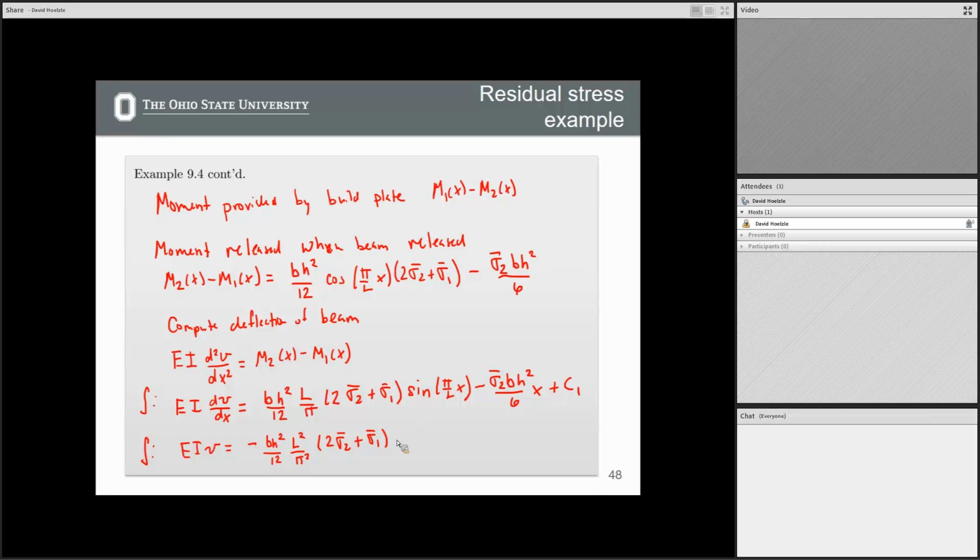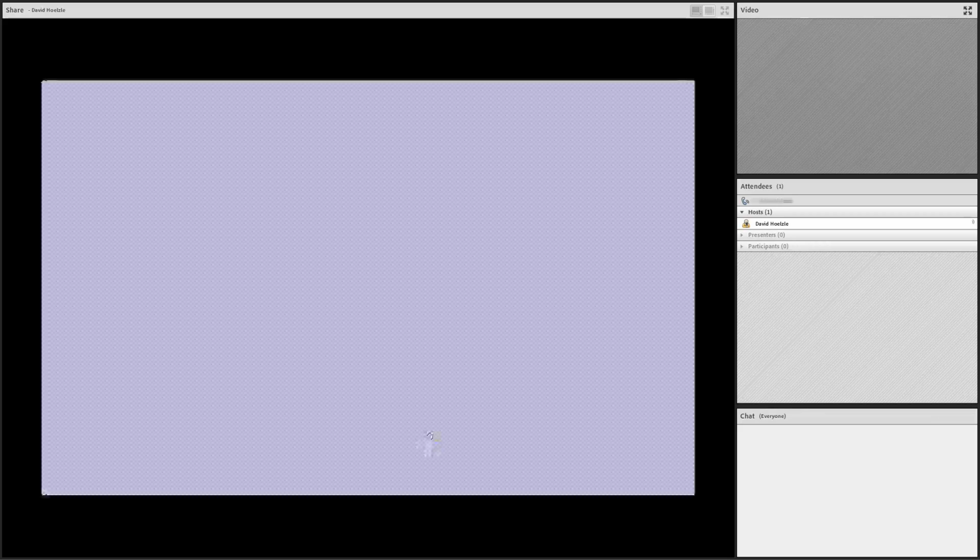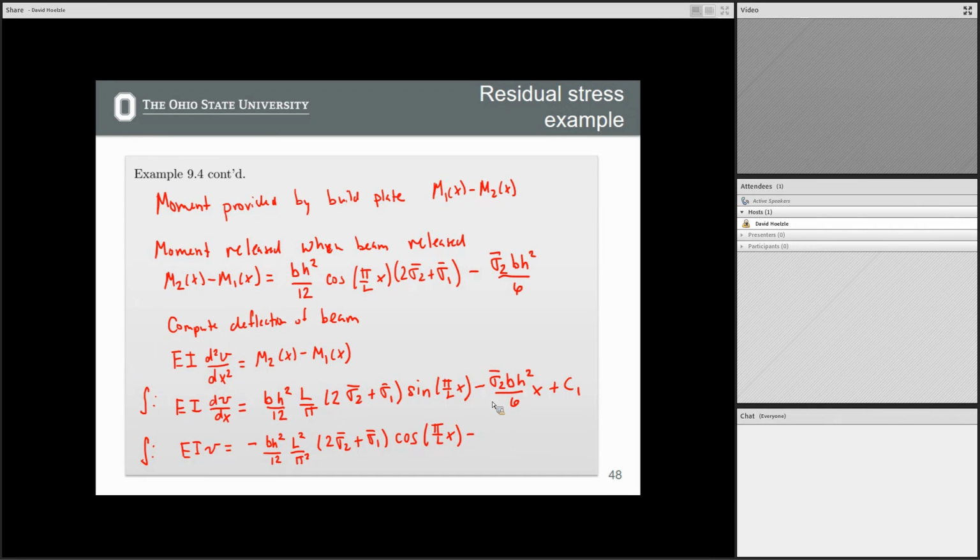And then we get a cosine function again. Okay, C1 x plus then C2, another constant of integration, right? All right, any questions about that?